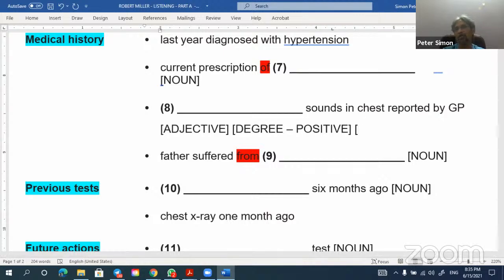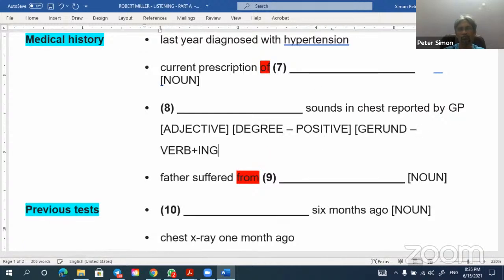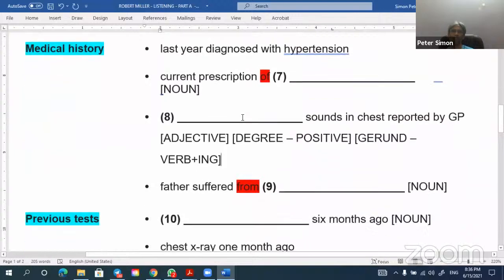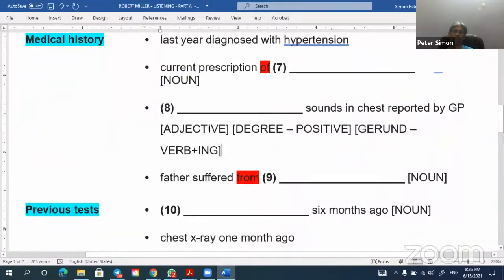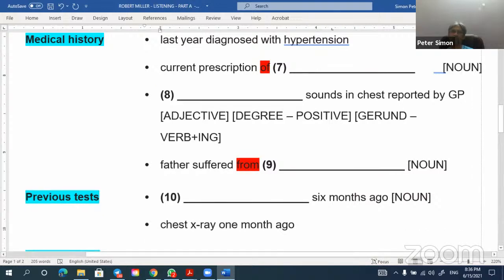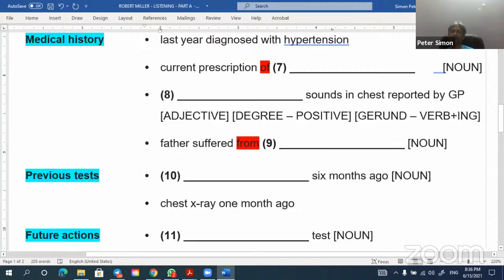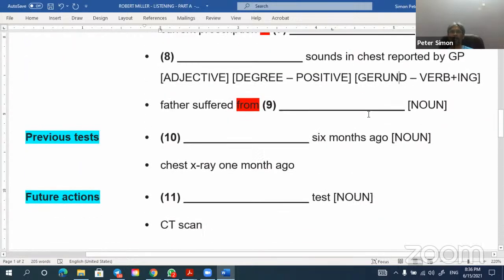Ing, so gerund. That is verb plus ing. It may be verb plus ing. Right, next one.